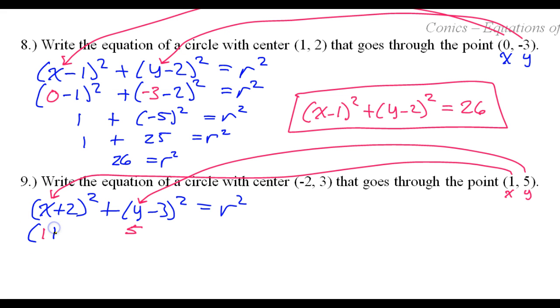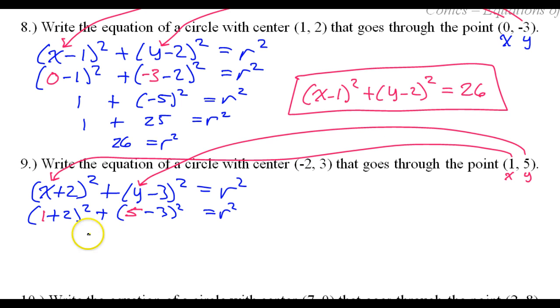So that's going to give me 1 plus 2 squared plus 5 minus 3 squared is equal to the radius squared. So that's going to give me 3 squared plus 2 squared is equal to the radius squared. So that's 9 plus 4. So that's 13.